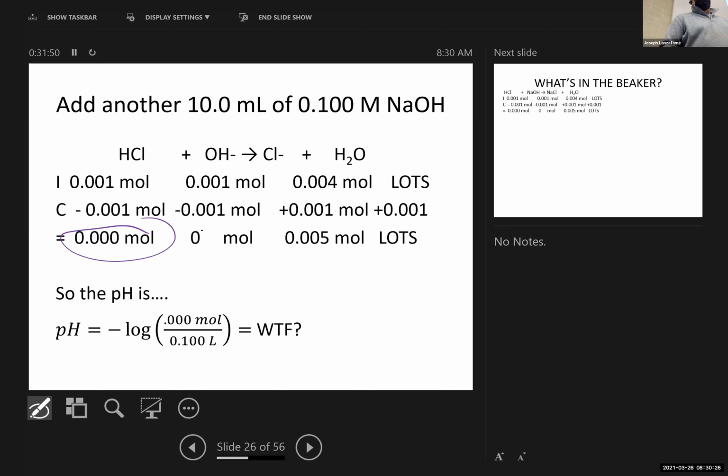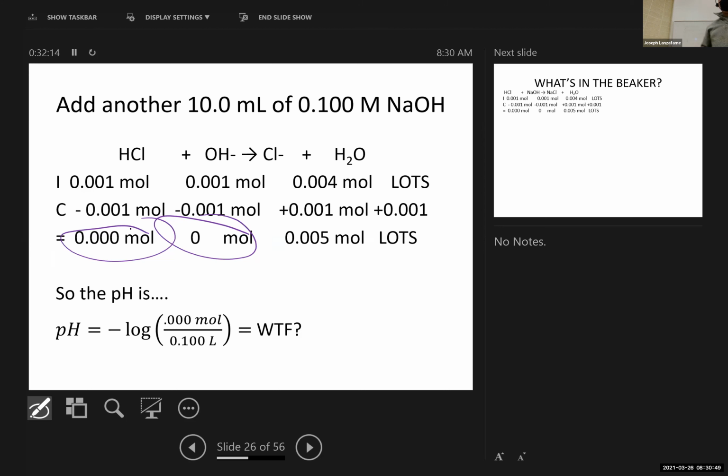And so, technically speaking, I have no HCl, I can't do any HCl reactions. I have no NaOH, I can't do any NaOH reactions. But I do still have water, so I can do Kw.